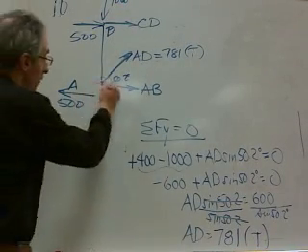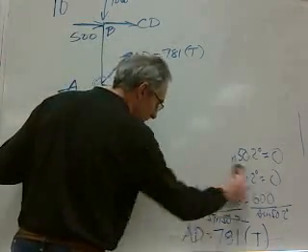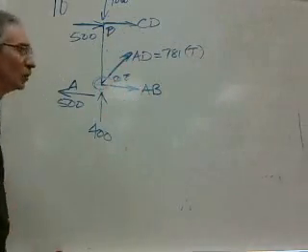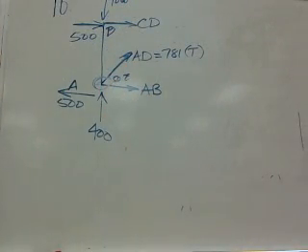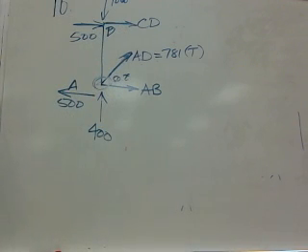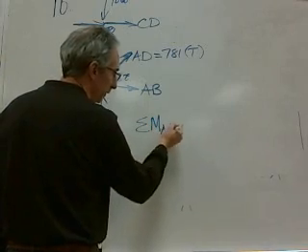How about some moments at A? By summing moments about A, which one of the unknowns goes away? AB. Which one of the unknowns is going to be in the equation? CD. So some moments about A sounds pretty good.